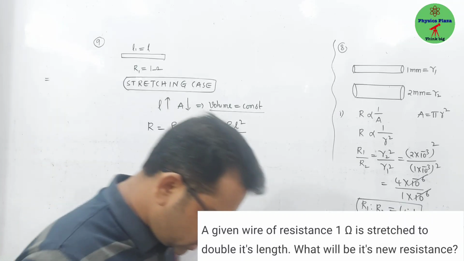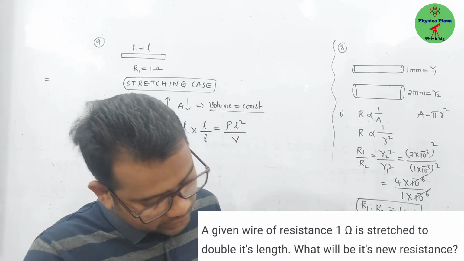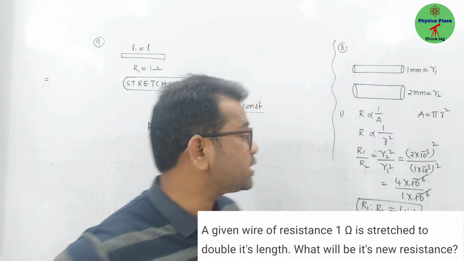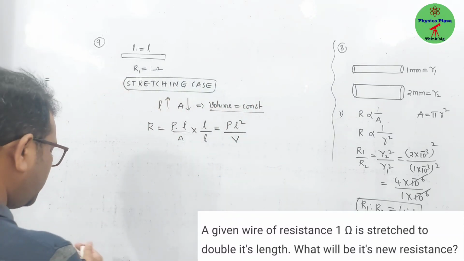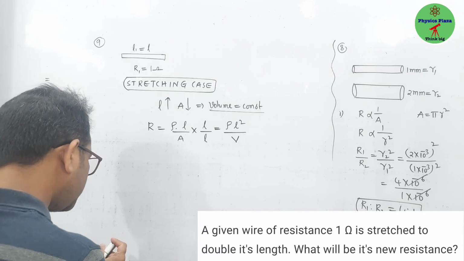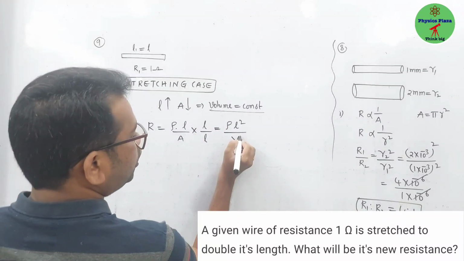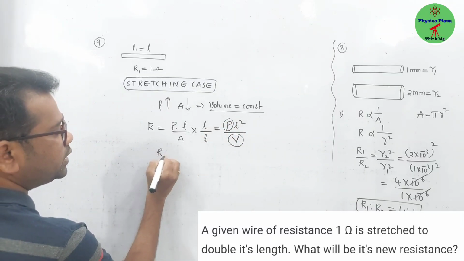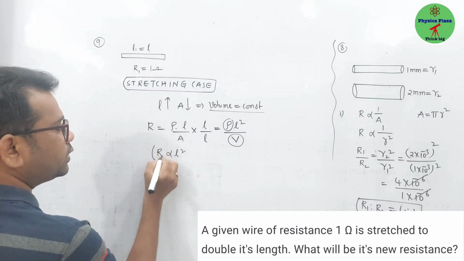And as we are stretching, we are not changing the material. So specific resistance also constant. Try to understand. Means here two quantities are constant. What is the first quantity here? Volume. Children, during stretching case, volume is a constant, resistivity is a constant. Then R is proportional to L square.